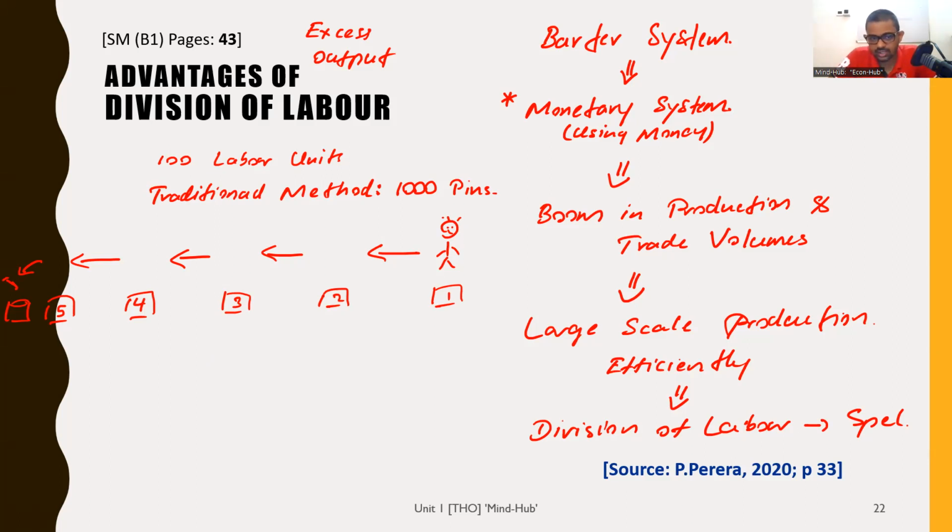His proposal was, take the 100 people, identify their skills and knowledge, and assign them to one of the 5 stages and ask them to only concentrate on that particular task or stage of production. Do not focus on anything else. Just concentrate on that. Get it?